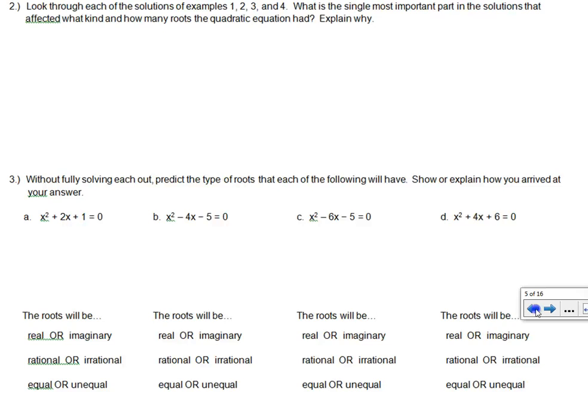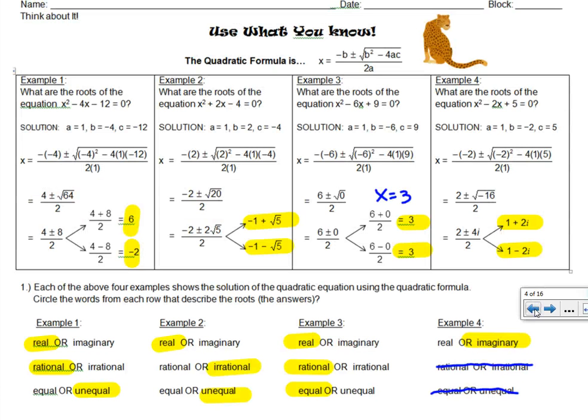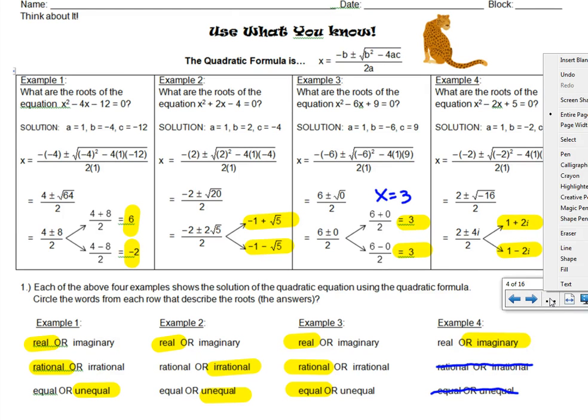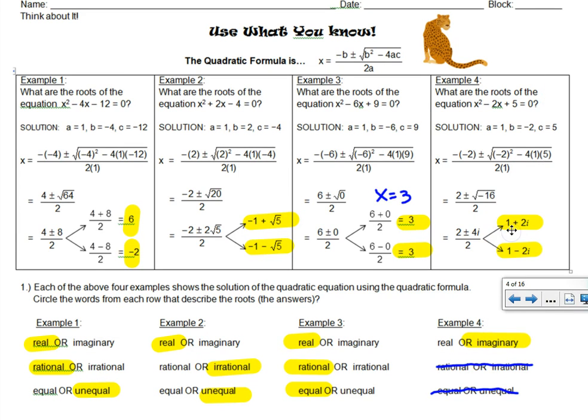So if I go back and you look at the solutions, why did we get some answers like examples 1 and 3 to be nice and examples 2 and 4 not to be nice? The single most important part of the quadratic formula is the number that you get under the radical.